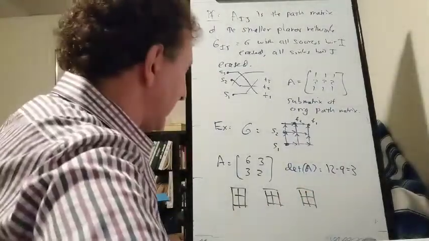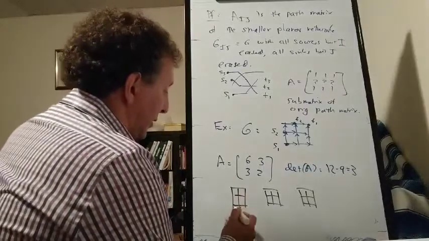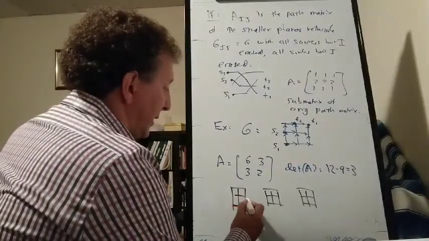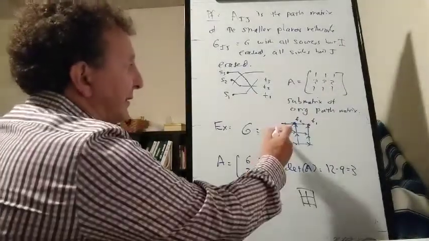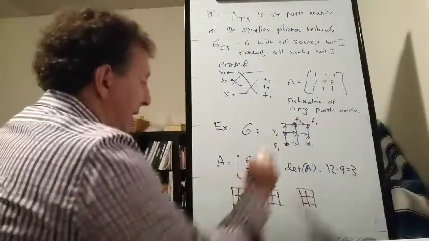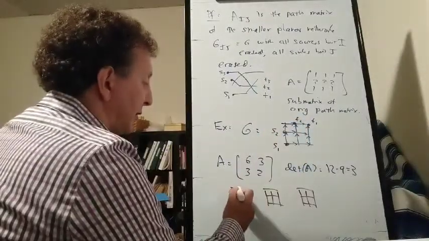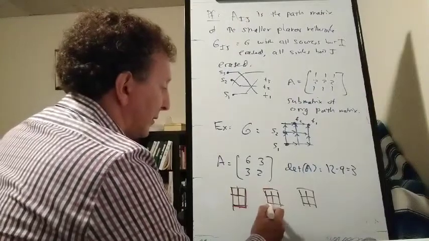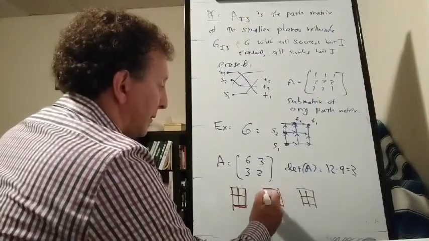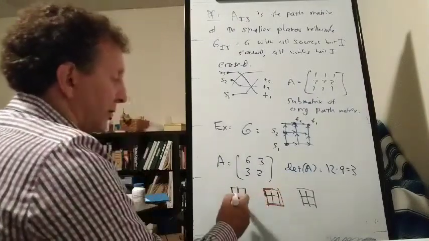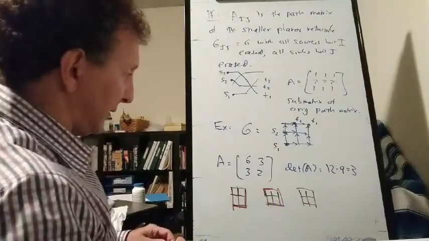So let's see if we can do this. So we could go all the way to the right and up, and then that leaves the S2 to T2 path. Well, we've got 2 options. Go down here or go over. So those are 2 non-intersecting path families.